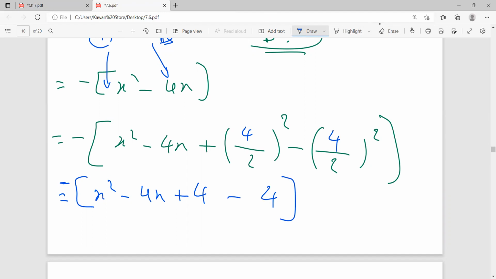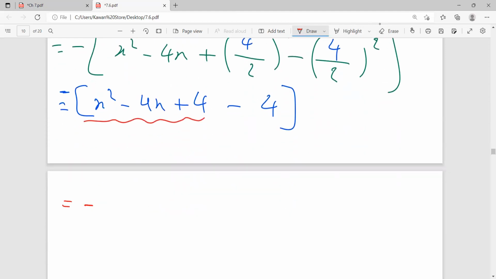Why? We add 4, we subtract 4. We can eliminate them, but don't do it. Careful, because I need these 3 together. We need to collect these 3 together.